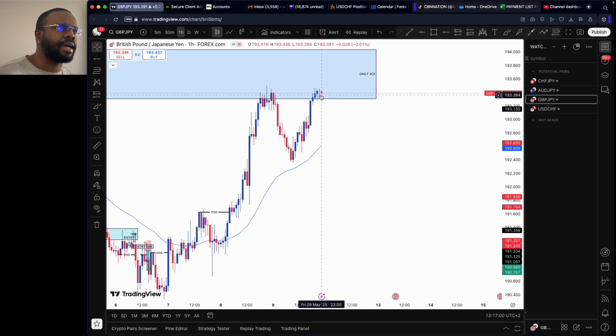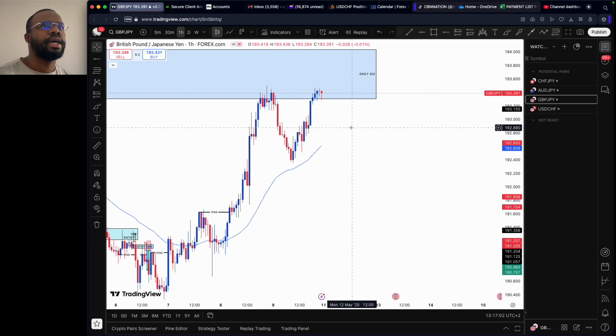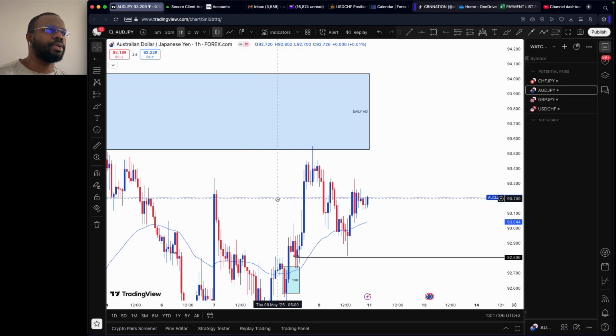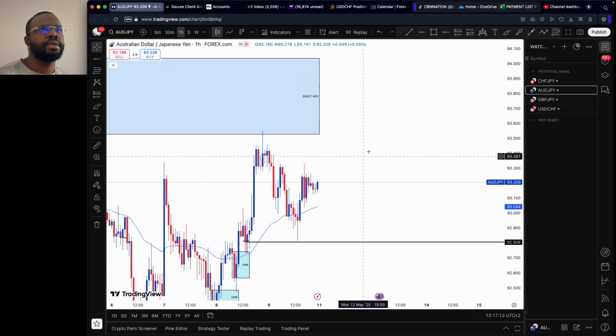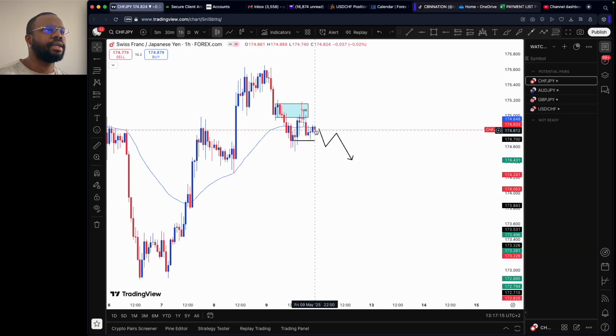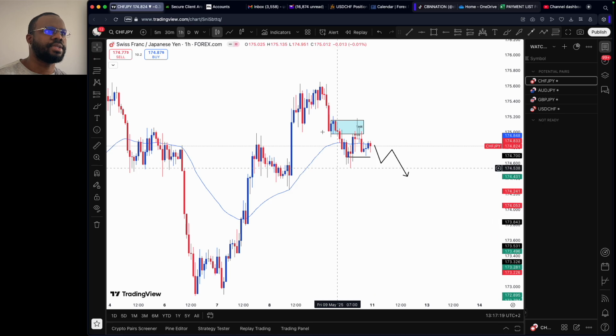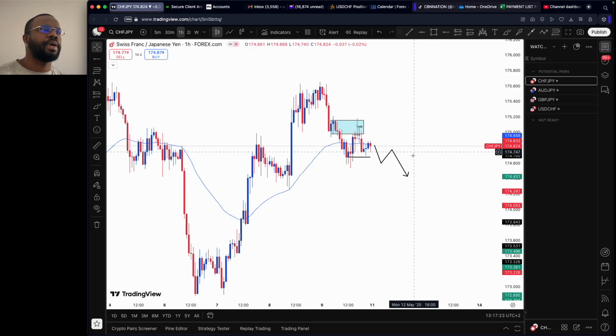I want to see a clear action before I take a trade. The AUDJPY, I still want it to sell because we are at the daily area of interest resistance, so price should push down. Then CHFJPY as well, I'm already seeing this one going to the downside, so price should be pushing down on the JPY pairs, while USDCHF I'll be buying it.